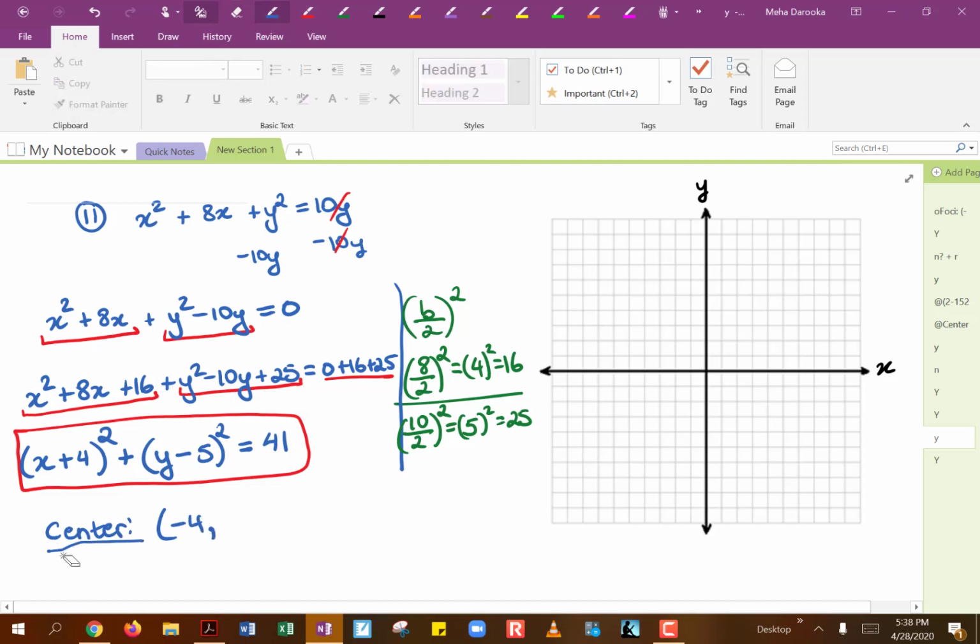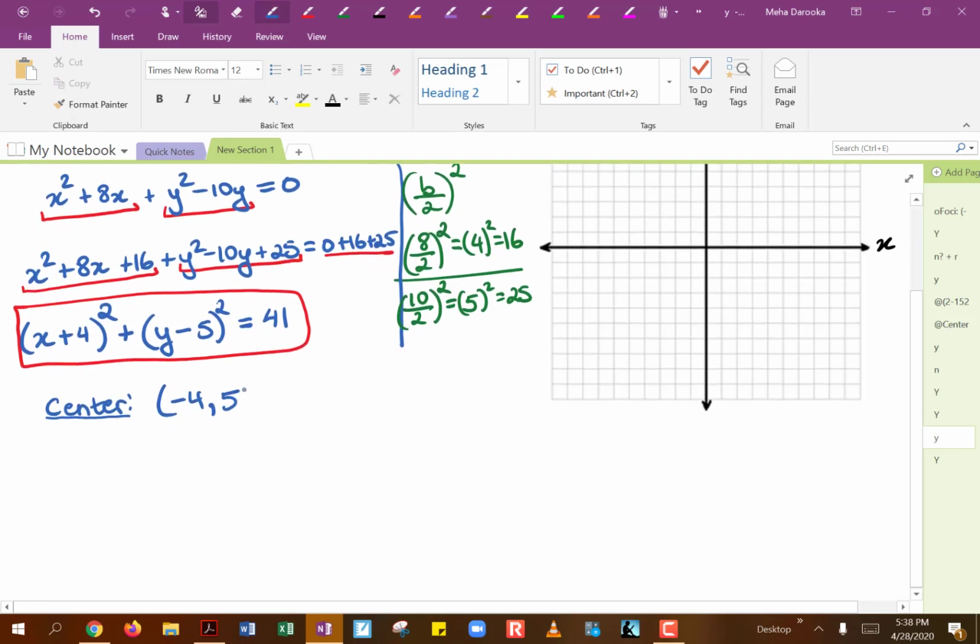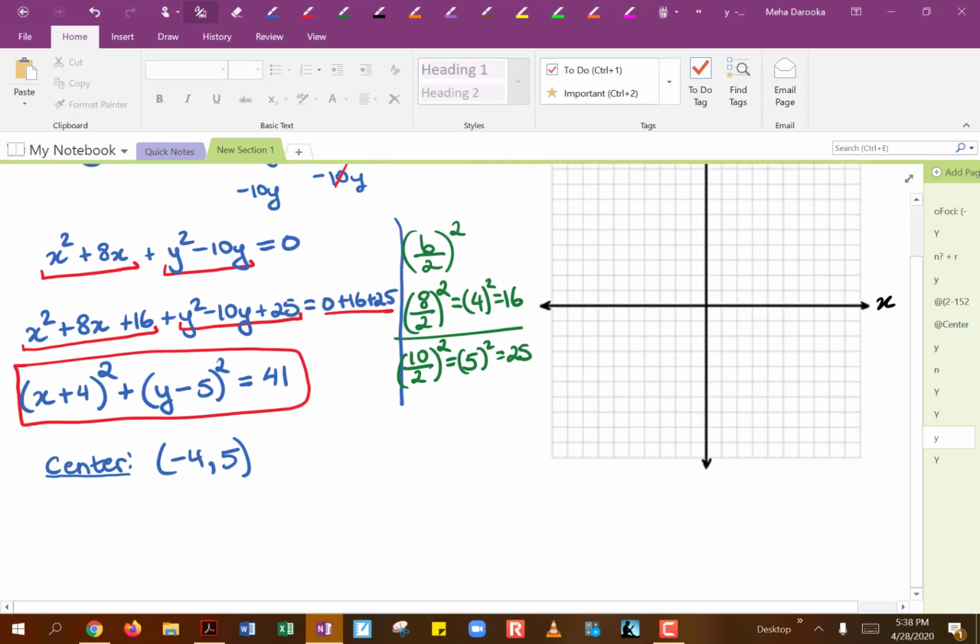And then for the y coordinate, you have y minus 5. So minus 5 tells you 5 itself is a positive number. So negative 4 and positive 5 will be the center.